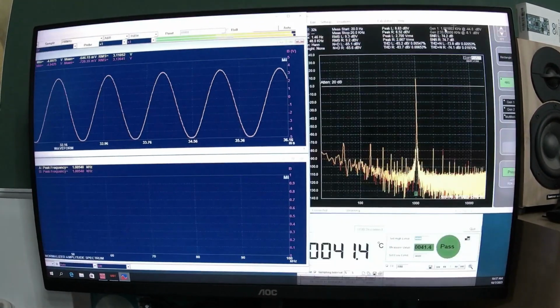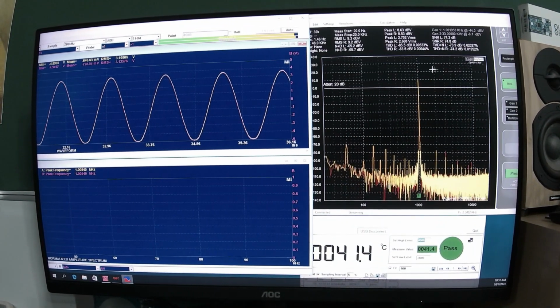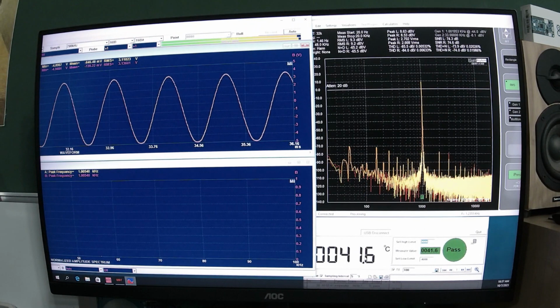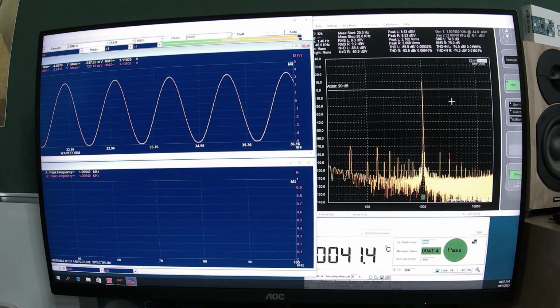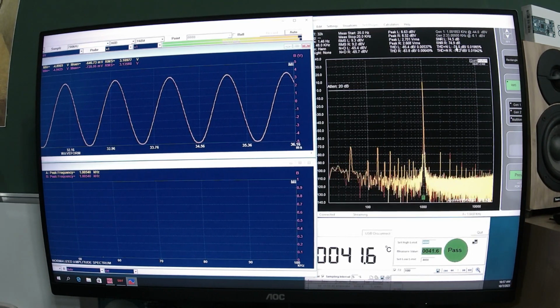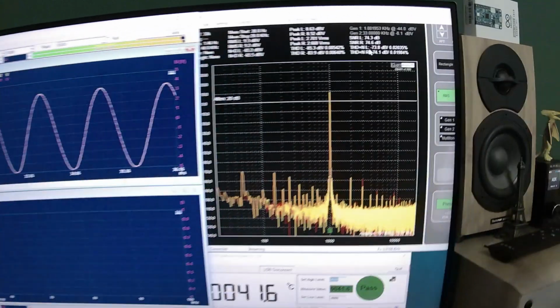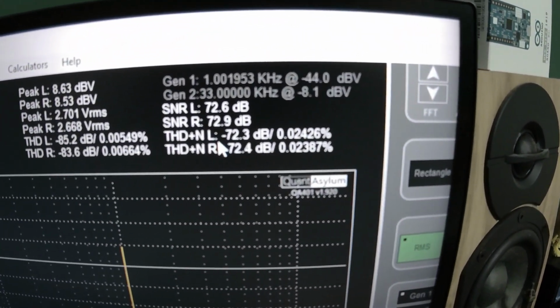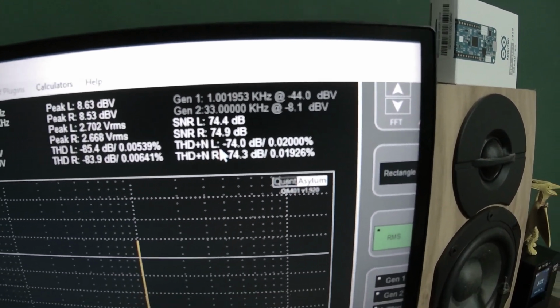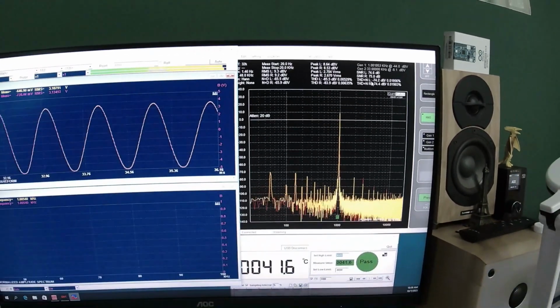Now I'm going to see the distortion at this level at a rising temperature of 41 degrees centigrade at the surface of the heatsink. We got the total harmonic distortion plus noise is 0.02% for the left channel. And for the right channel, that is 0.019%, which is pretty good actually.